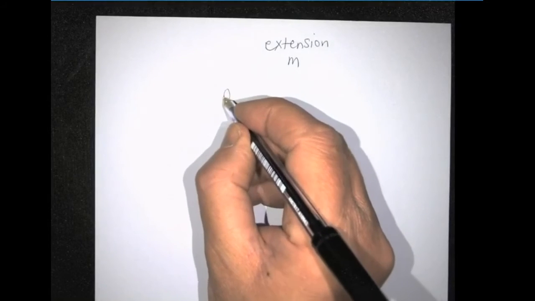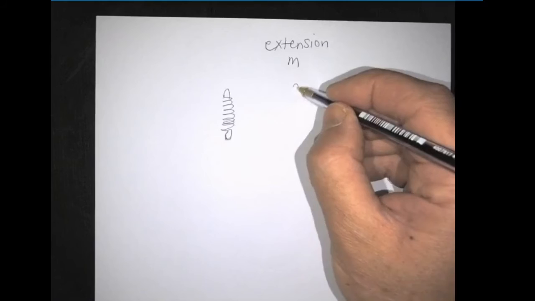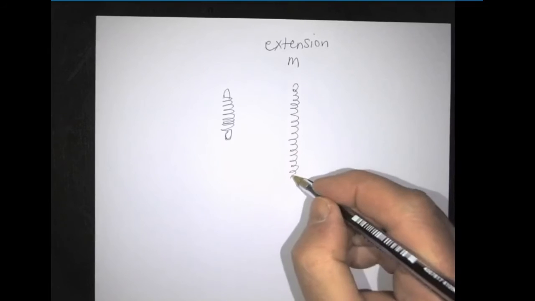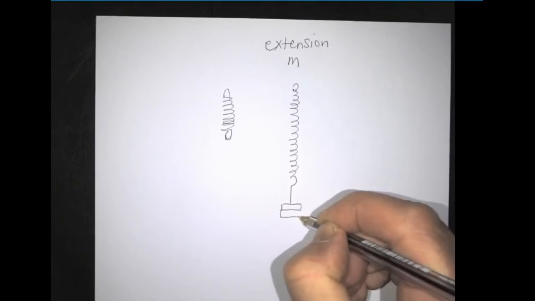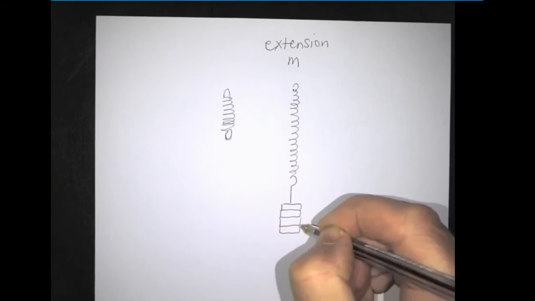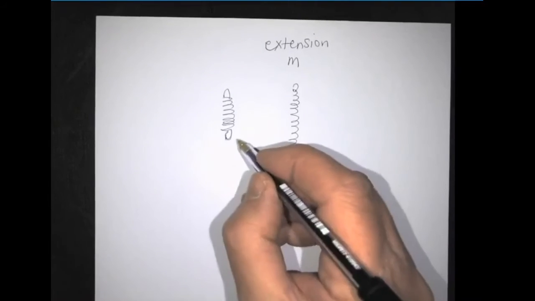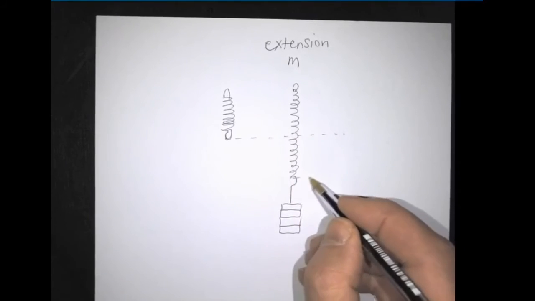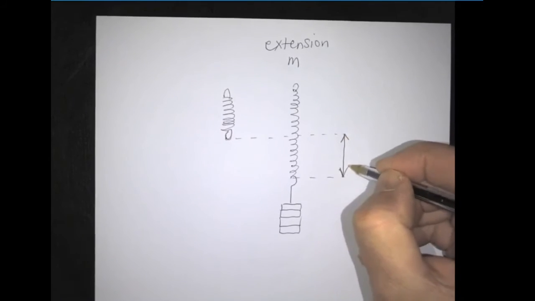If I have a spring, and we stretch it, maybe you add a weight to it, well, the extension is the amount that it has stretched. So the extension is going to be that length there.